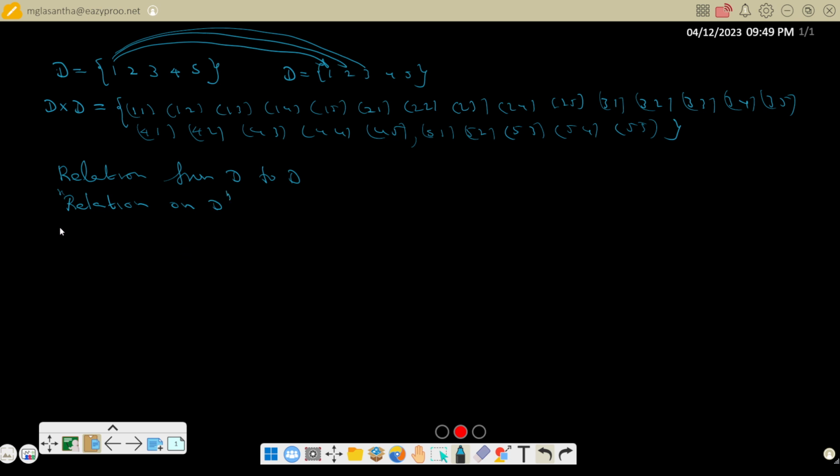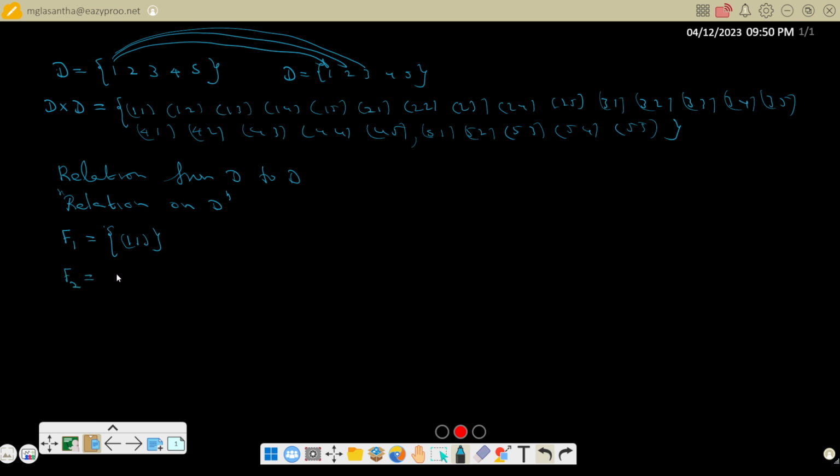Relation on D. Can you tell me one relation R1? If you take relations as letter F1, I will take different letters. Relation F1. How do you write the F1 relation? (1,1). So this is a single element.